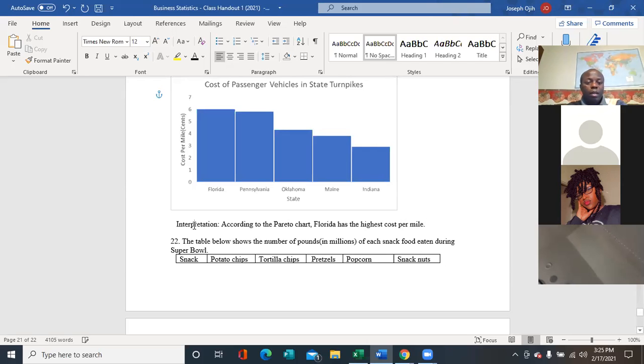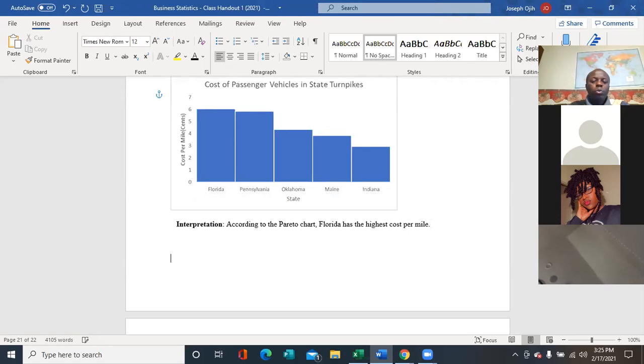Okay. Now, Indiana has the lowest cost per mile. So when you look at this, you will see very clearly. They say that a picture speaks more than 1,000 words. You can see that this is the highest cost per mile here, and this is the lowest.